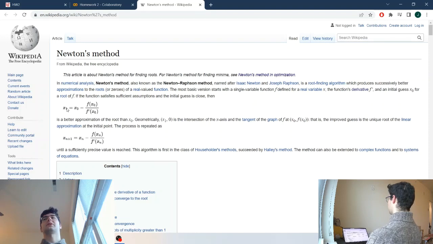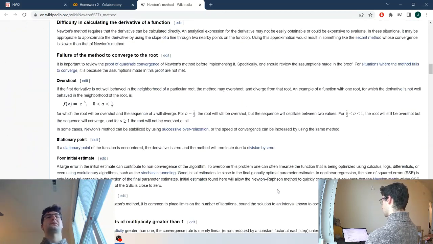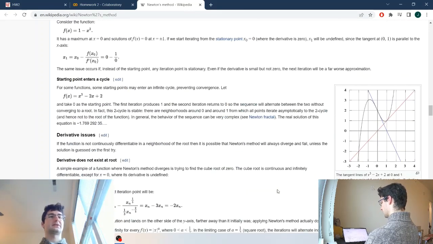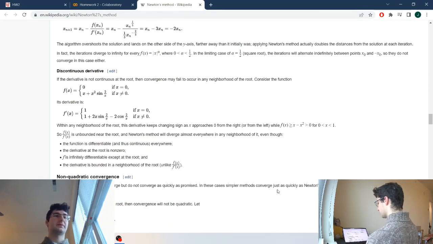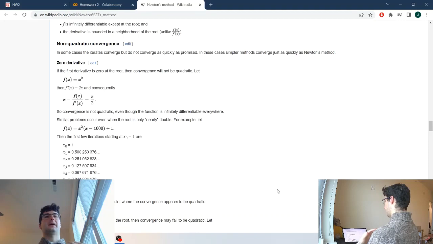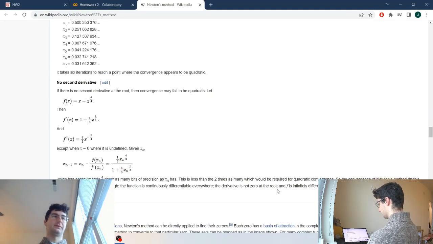When we're working with more than one equation and more than one variable, we can't use a simple derivative anymore. We have to use a Jacobian. And a Jacobian, as a refresher from homework 1, is an array of partial derivatives for each function you give it.